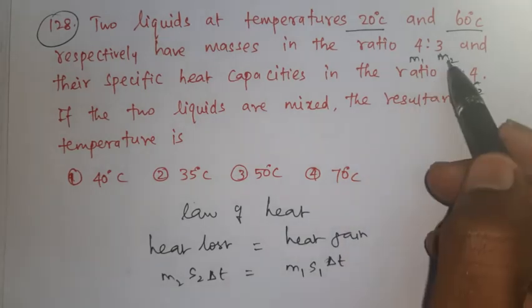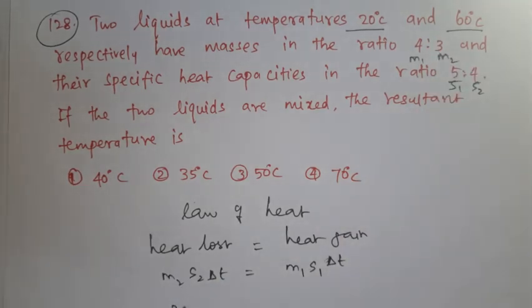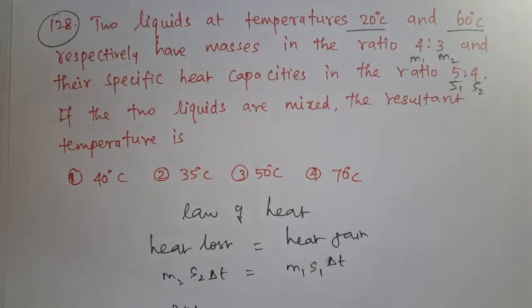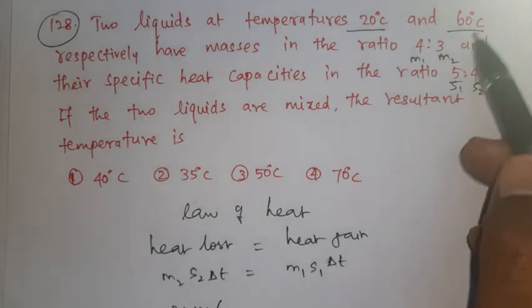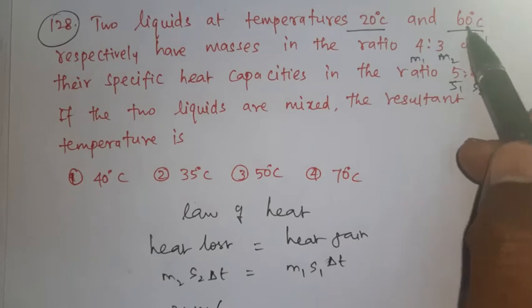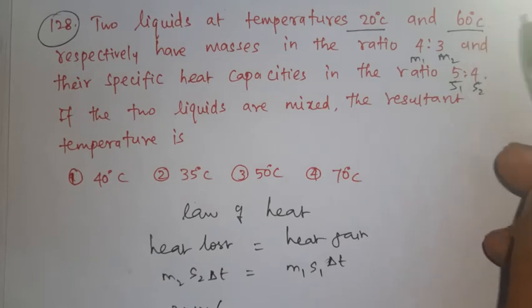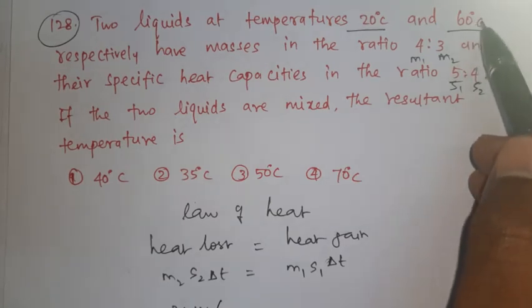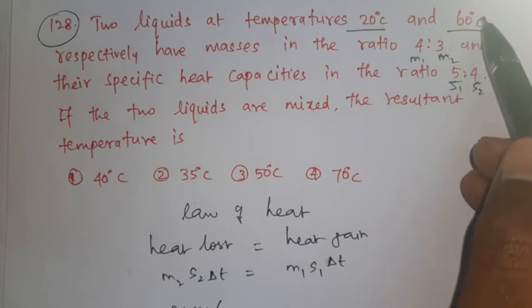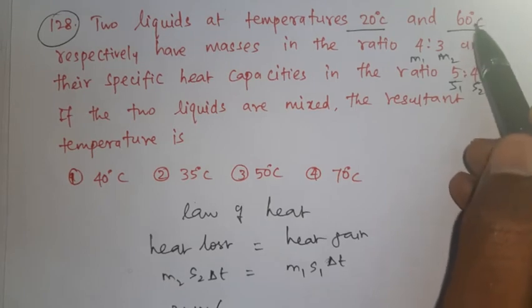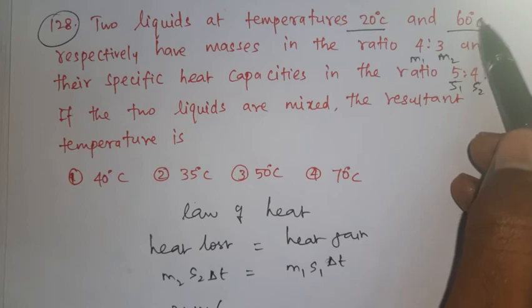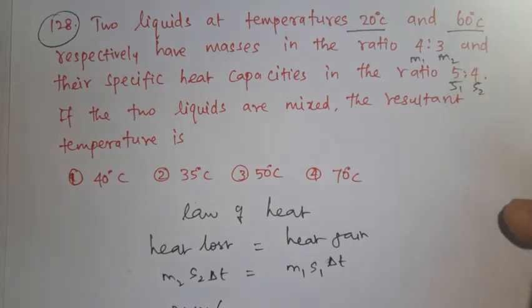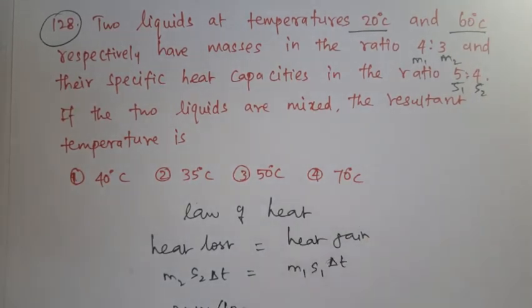Now we can substitute the values. M2 is 3, S2 is 4. Here del T means the hot body temperature 60 degrees Celsius. It is going to lose its temperature because this is a hot body, so this hot body is going to reduce its temperature. So this will be greater. The resultant temperature will be minimum.